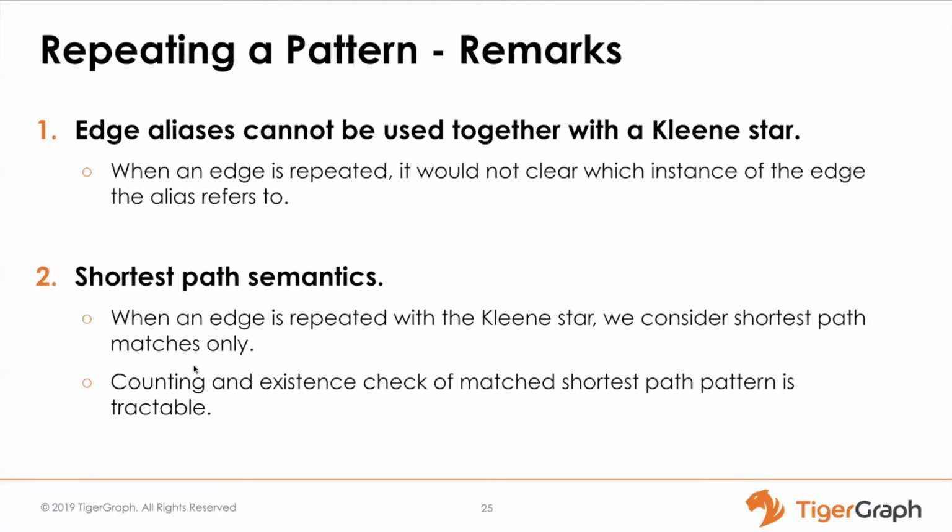Instead, we adopt shortest path semantics, and based on graph theory, checking the existence of a shortest path is tractable. Tractable means there is a fast algorithm that can return the match results in polynomial time. And these are the details that we use throughout our implementation.